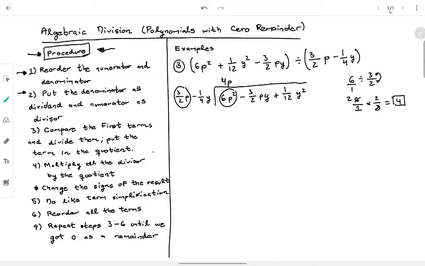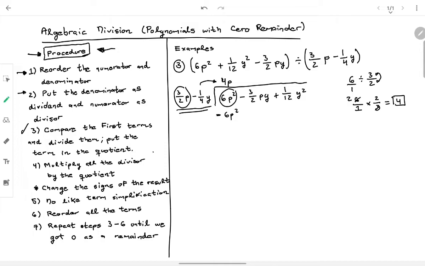So we have done step number 3. Step number 4, it says we will need to multiply all the divisor by this number. So we will get 4 multiplied by 3/2. It's going to be 6p squared. Remember, we need to change the sign.